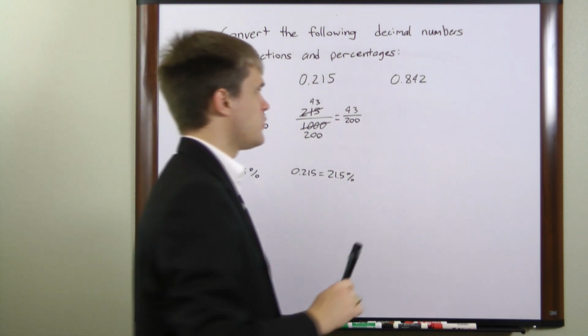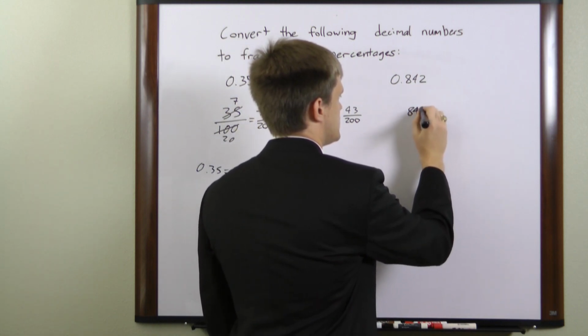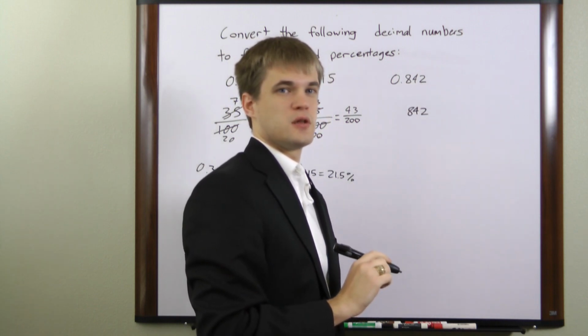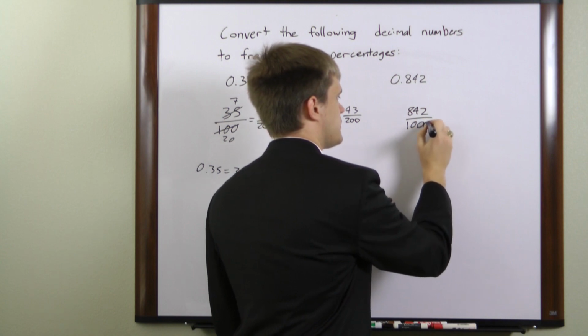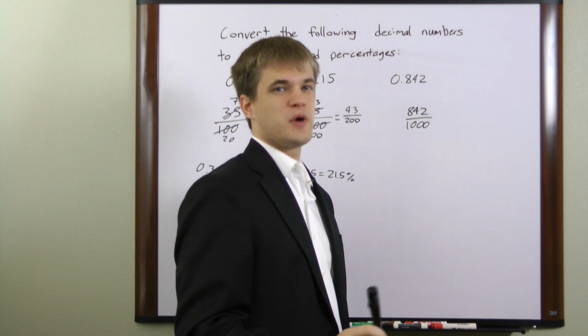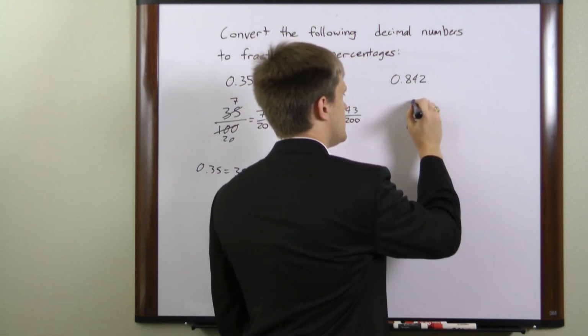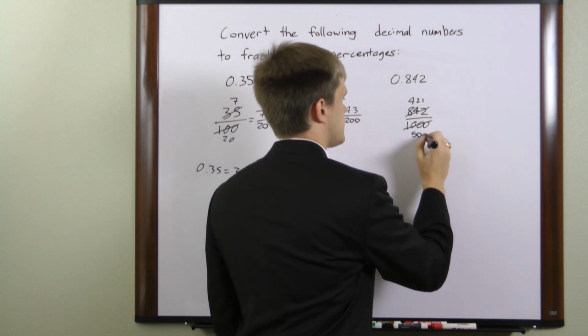In this final example, we have 0.842. We will once again write these digits as our numerator. The rightmost digit is 3 places to the right of the decimal, so we'll once again have 3 zeros in our denominator. 842 over 1,000, we can reduce by dividing top and bottom by 2. 842 over 2 is 421, and 1,000 over 2 is 500.